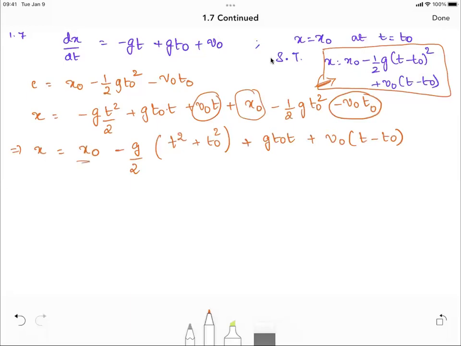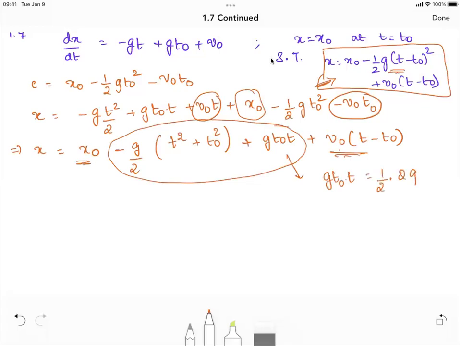So looks like we have the x0 and the v0 terms, right? All we have to do is show that this term here is actually equal to this term. And that's not that difficult because g t0 times t can be written as half times 2 g t0 times t, which is g over 2 times 2 t0 t.